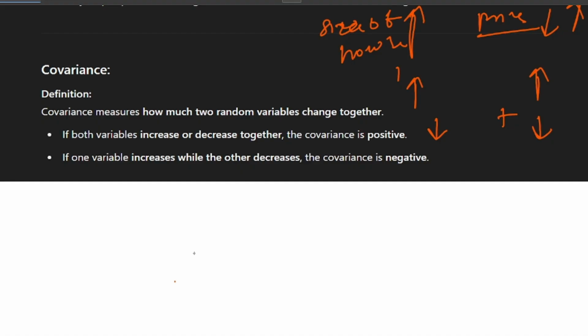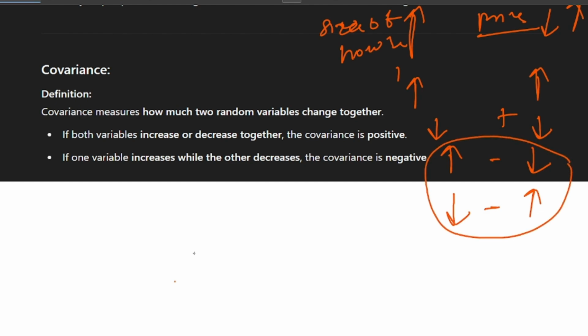If one variable is increasing and the second one is decreasing, then this is a negative covariance. If the first one is decreasing and the second one is increasing, then it's also a negative covariance. Understood? So let me draw some examples so that we can see clearly.